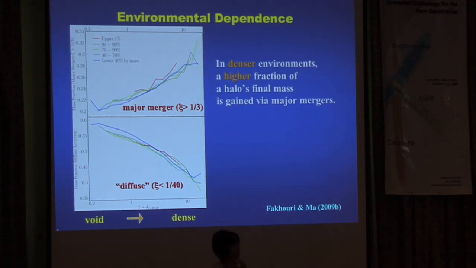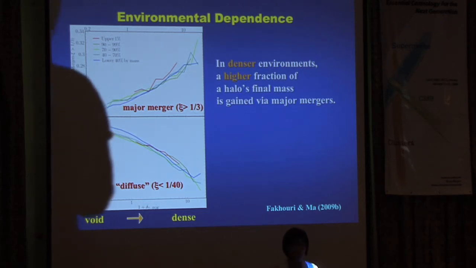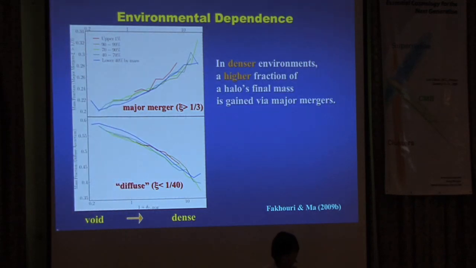Okay, meaning they're younger. So one implication, if you just use the top plot based on mergers, is that if mergers were the only way to grow halo mass, then the younger halos would reside in denser regions, which is exactly opposite to the assembly bias Simon talked about yesterday.